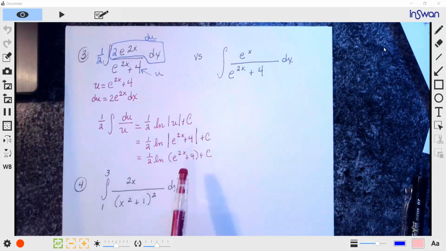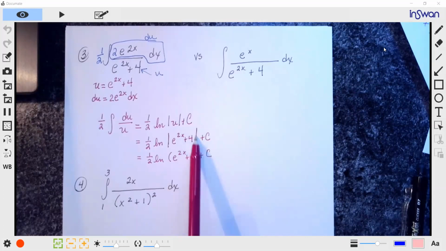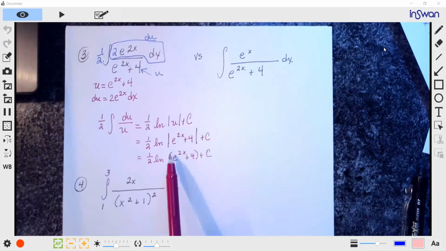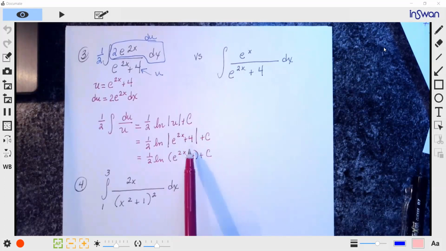The difference is e to the 2x plus 4 is always positive, because e to a power is always going to be a positive number. And if you add 4 to that, you're just getting a bigger positive number. When what's inside the natural log absolute values is already positive, they'll oftentimes leave off the absolute value signs. So I just want you to be aware of why they're doing that.